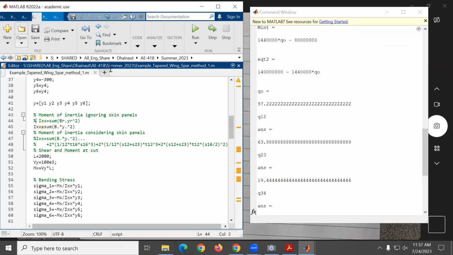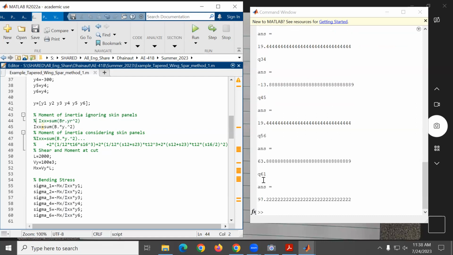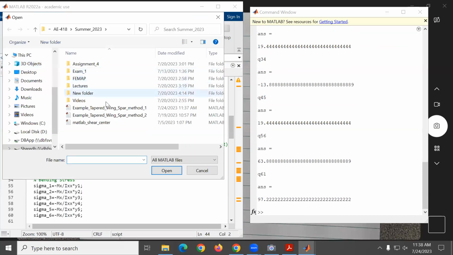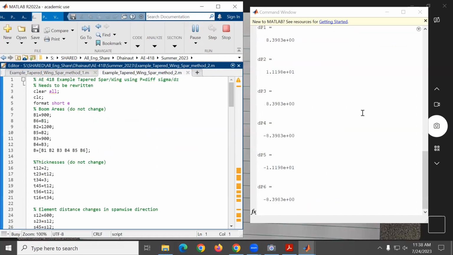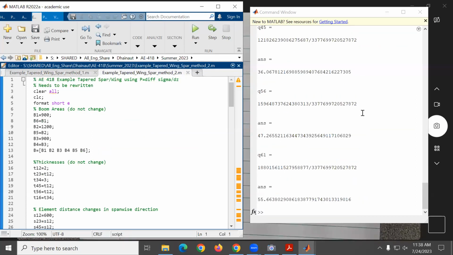All right. And then I did the same thing. So you see Q6197. And then I did this one with the second method, which is what I want to do today. So now this one is 55, like the other one. Okay, so let's see what's happening in this one now.